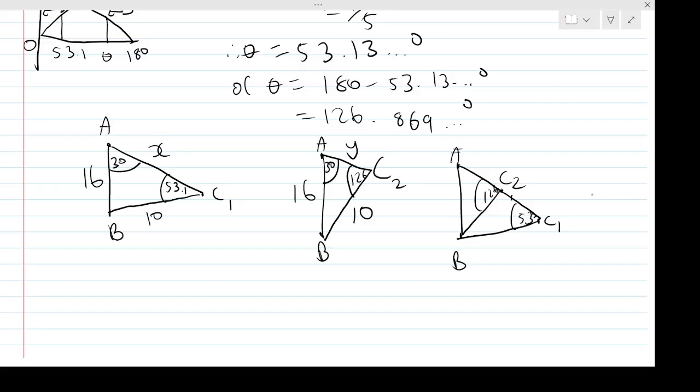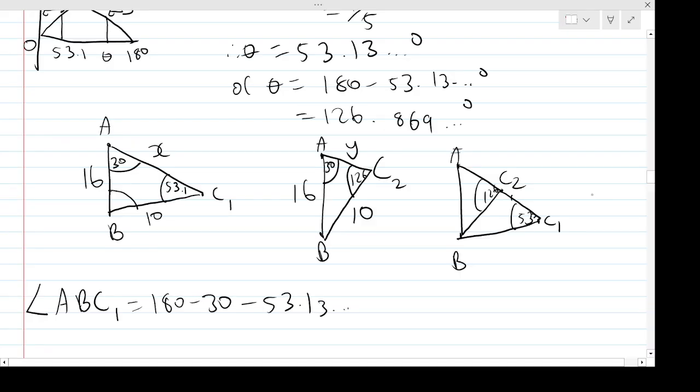So to work out the X here in the first triangle, I probably could do the cosine rule, right? Because I can work out this angle, because it's facing the X. Because I can do 180 take away the other two, right? So if I do angle ABC1 here, then that's going to be 180, take away the 30, take away this 53.13.